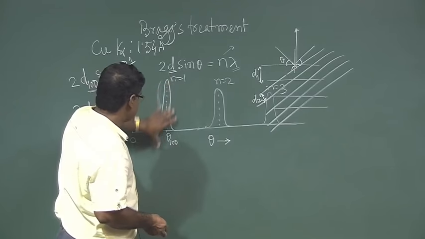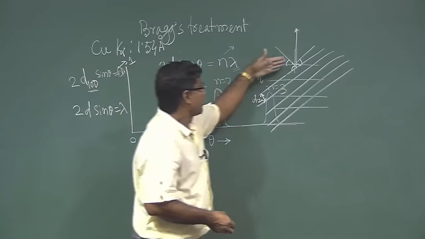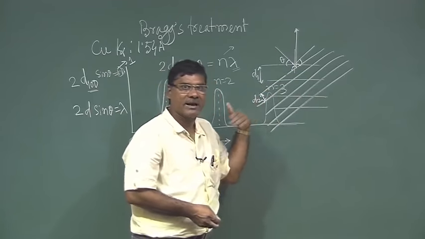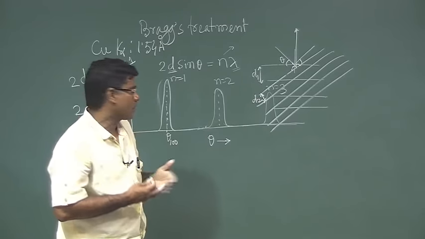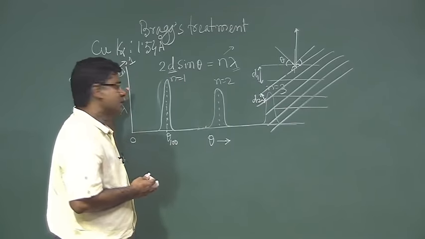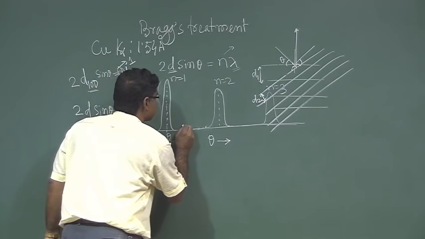Say this is the first order peak I am getting, and from these sets of planes with lattice spacing d2, I will get the first order peak at a different angle which will satisfy this relation.